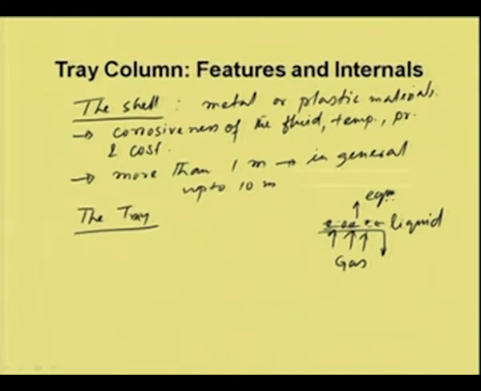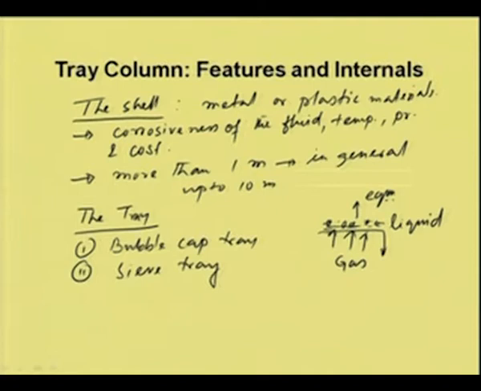There are different types of tray used. One is the bubble cap tray, the second type is the sieve tray, and the third one is the valve tray.